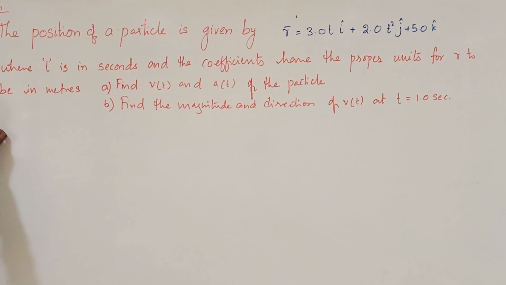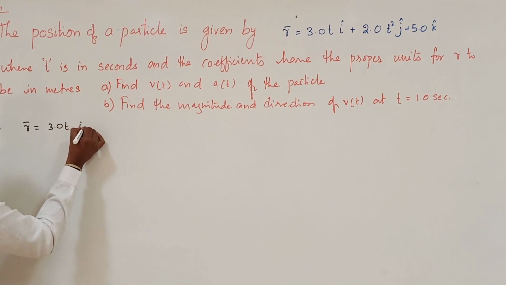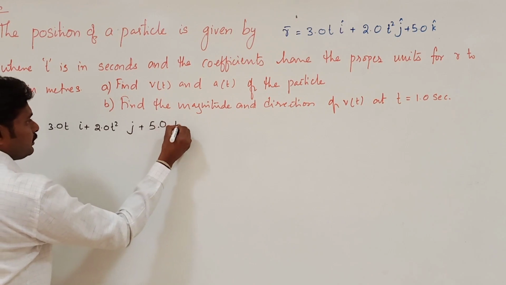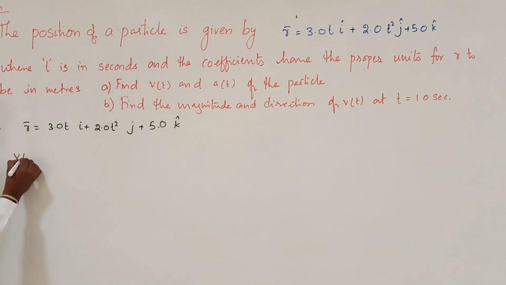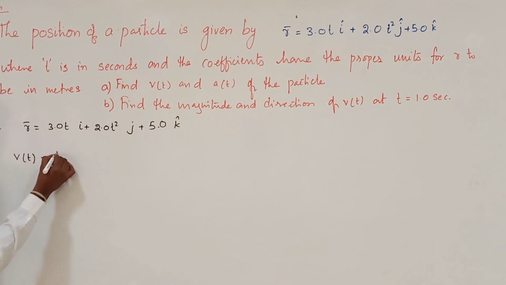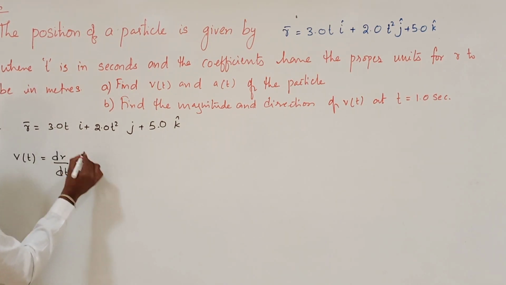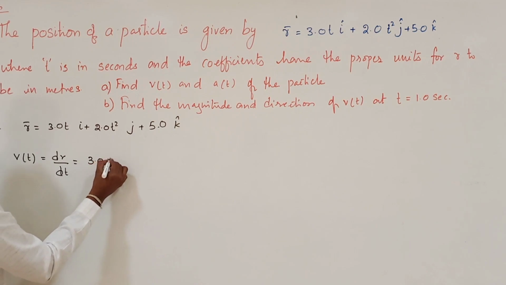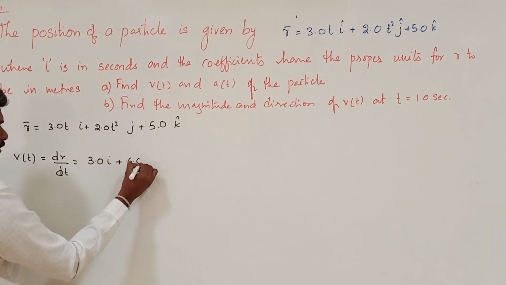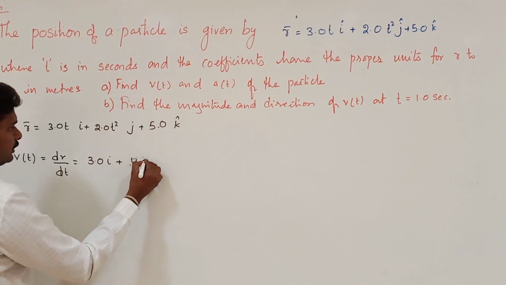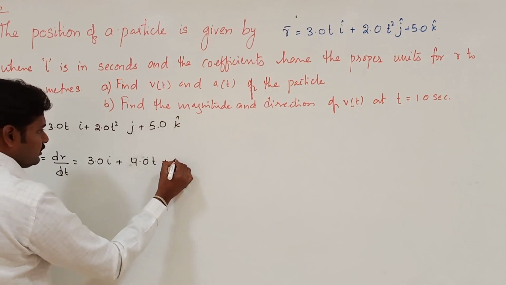How to solve this? r is equal to 3.0t i + 2.0t² j + 5.0 k. Now velocity, which is a function of time, is equal to dr by dt, the differentiation of the position vector with respect to time, which is simply 3.0 i + 4.0t j plus the constant 0.